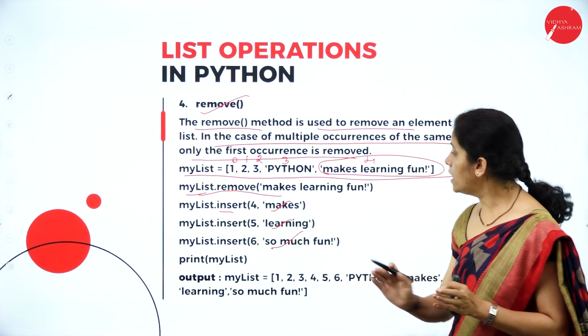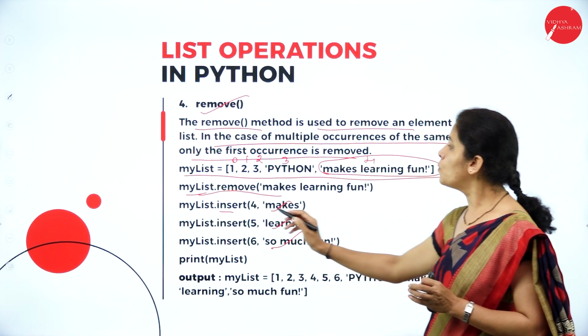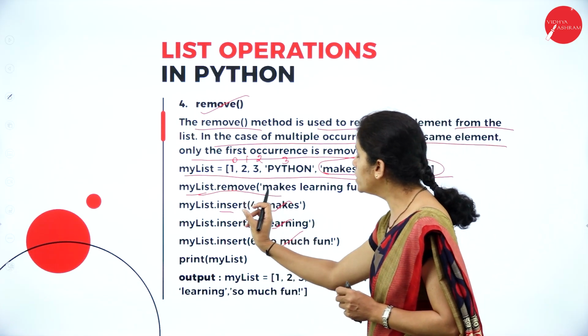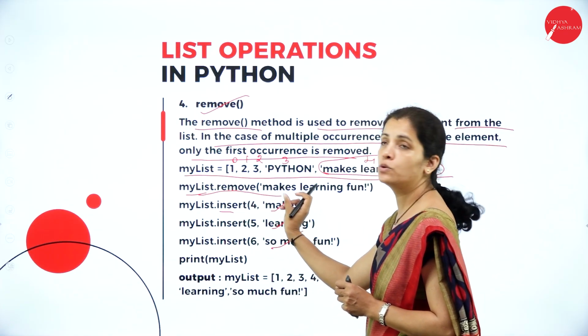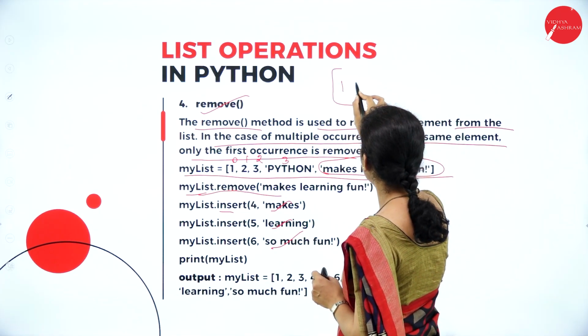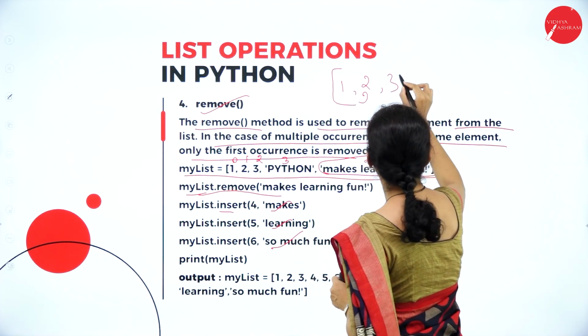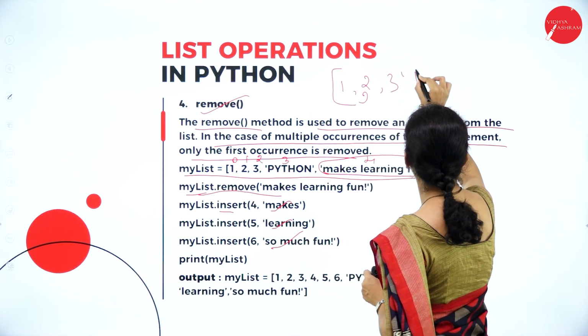So dear student, after removing makes learning fun, I want to insert the value at position 4. So I'm going to get the output like 1, 2, 3. After that, Python.